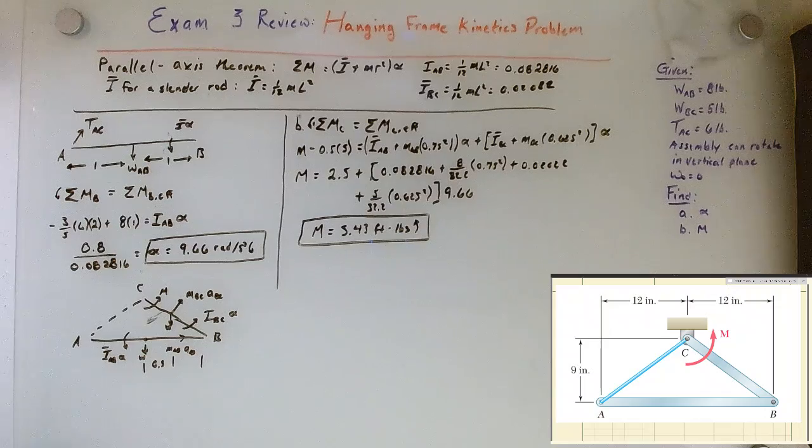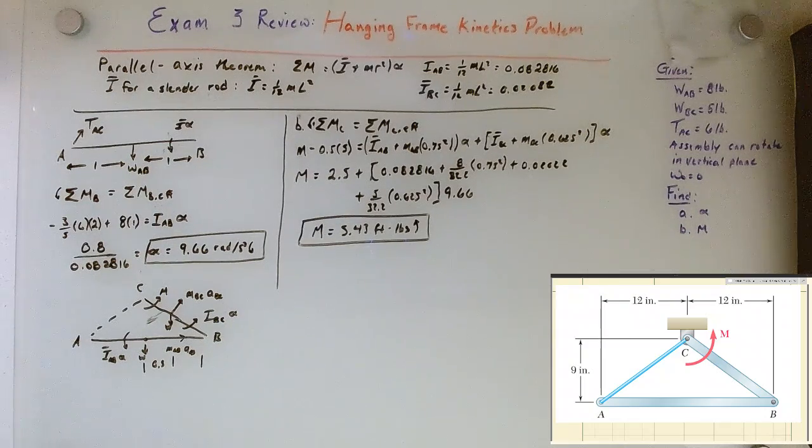So the big thing here is notice that even though it got a little intense, really all it was was 2-moment calculations. So it's easy to overthink the kinetics problems, but it tends to be that they're not actually as bad as you think.